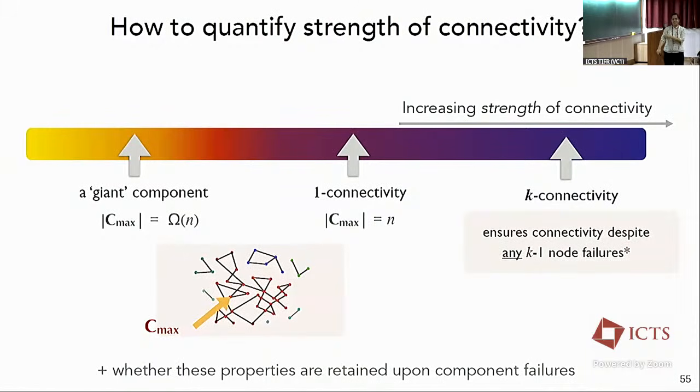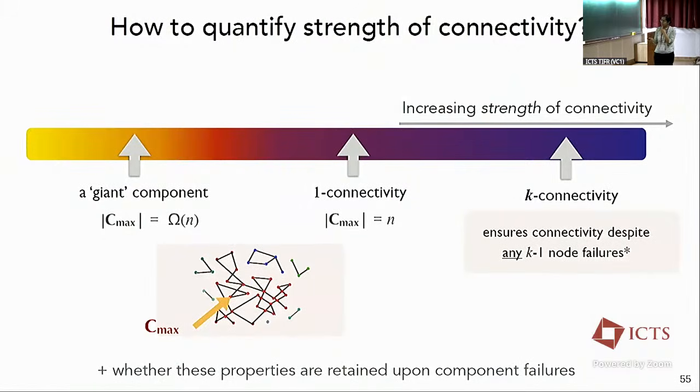I think for this audience in this room, this is maybe a very familiar slide. But one way of thinking about connectivity, especially from a more practical lens, is going from a weaker to a stronger notion of connectivity. So one connectivity we already spoke about, and if I let C max denote my largest subgraph, it's essentially saying that's all of your network.